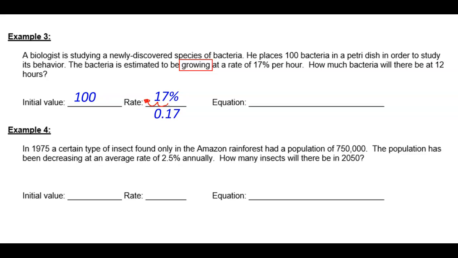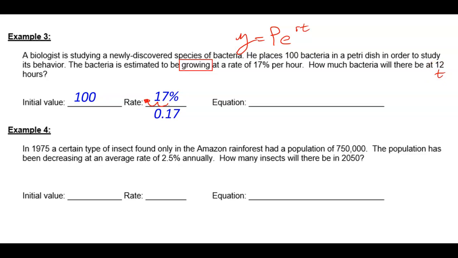Okay, now remember your formula is P times e to the power of RT. So the only thing we need now is my T. What's my T time here? 12 hours. Okay, so I'll put a little T there.